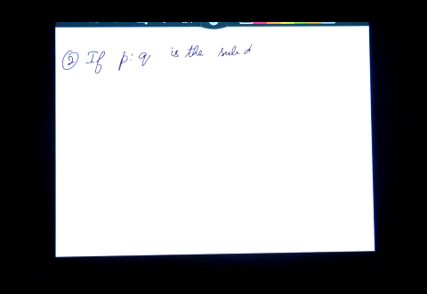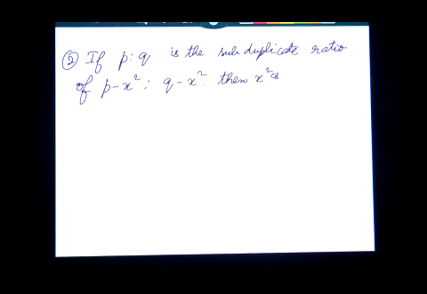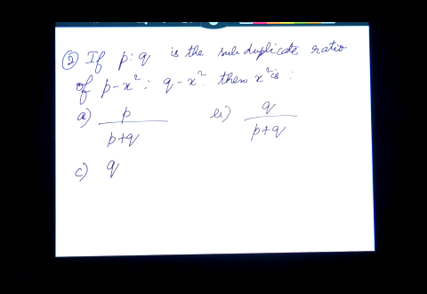We shall go for the second problem. If P is to Q is the subduplicate ratio of P minus x square is to Q minus x square, then we have to find the value of x square. For subduplicate ratio we have to find the square root. We have to go for the options.